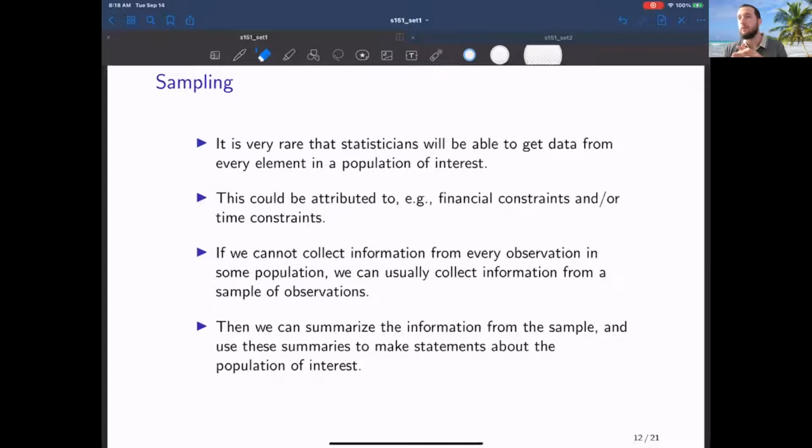So it's not feasible to reach out to and get the information back from every single student in that timeline. So instead, we're going to sample a subset of that population of interest. We're only going to take a smaller collection of students, and we're going to use them to describe the larger population.